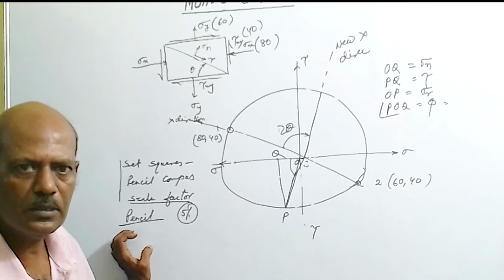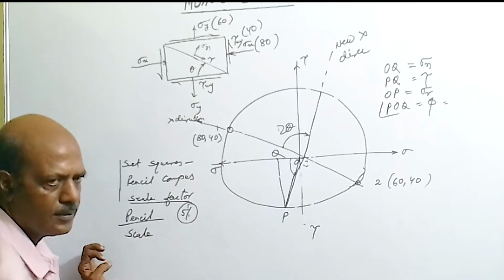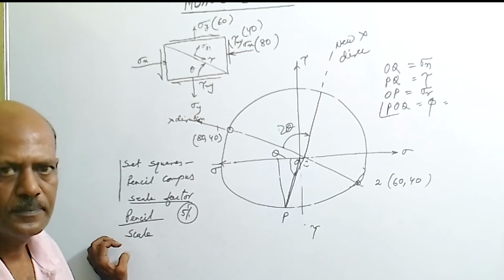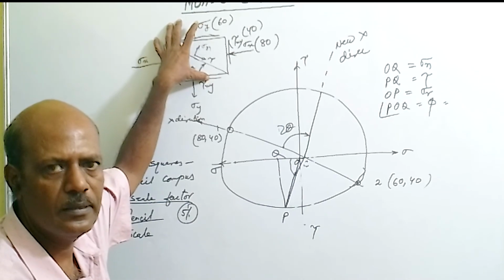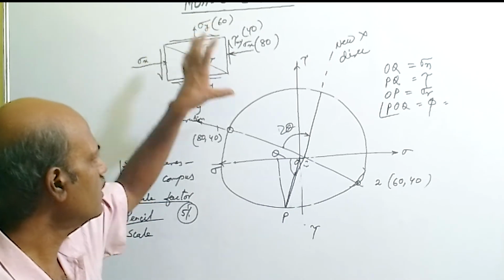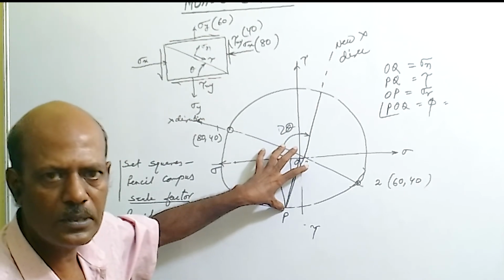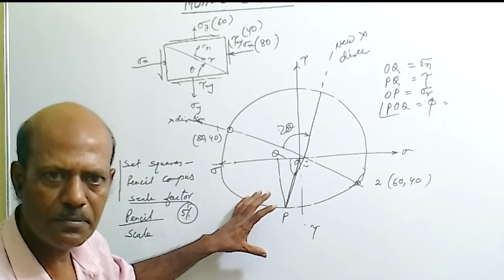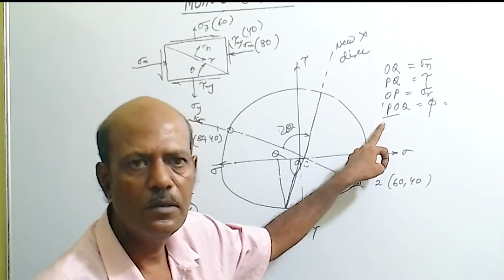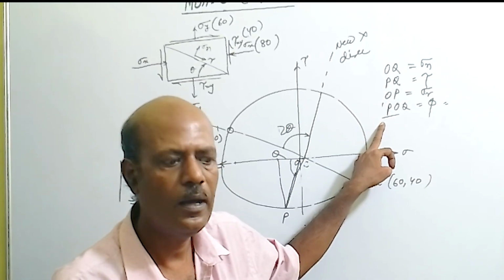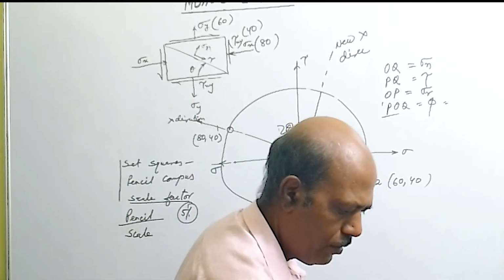As well as the scale is also required for measuring the distance. So whatever stress condition is given, by using this condition we will draw the Mohr circle, follow the various steps, and ultimately by measuring the distance we will give the answer. So this is all about the Mohr circle.